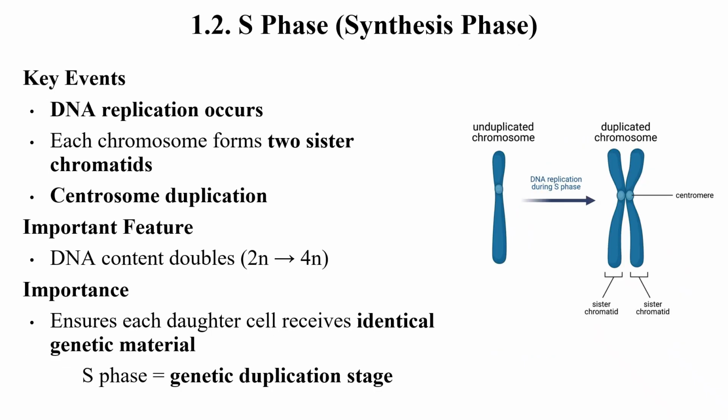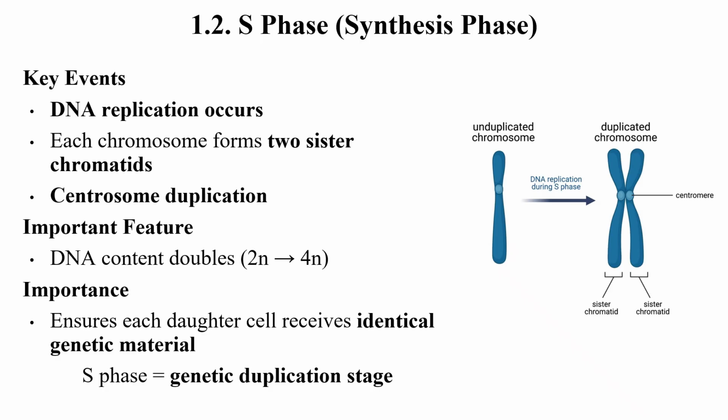S phase is also known as the synthesis phase. You can see this is an unduplicated chromosome. DNA gets replicated during this phase and there is formation of two duplicated chromosomes. Key events are DNA replication, each chromosome forms two sister chromatids, and centrosome duplication takes place here. What are the important features?